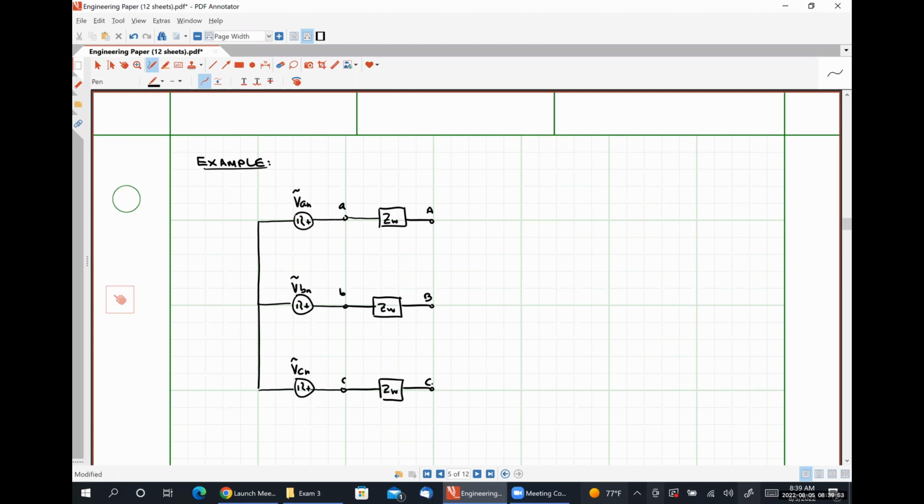We are going to have a delta connected load, and a Y-connected load. So I'm going to show you how you could represent that in a schematic diagram.